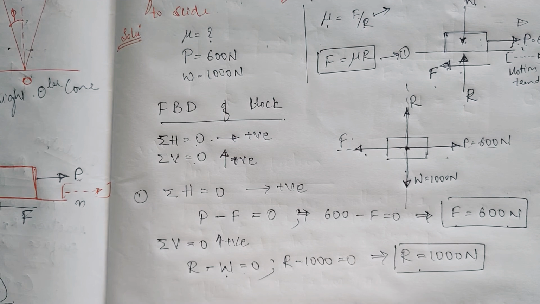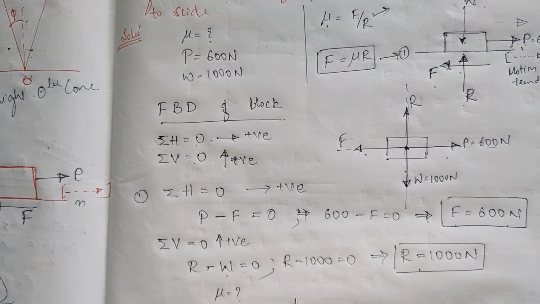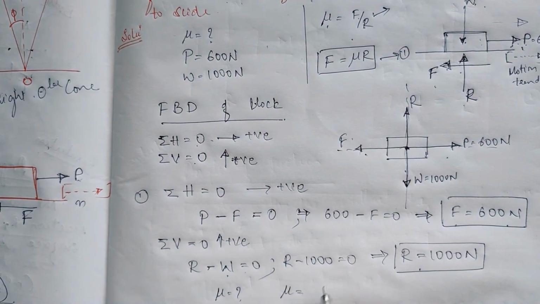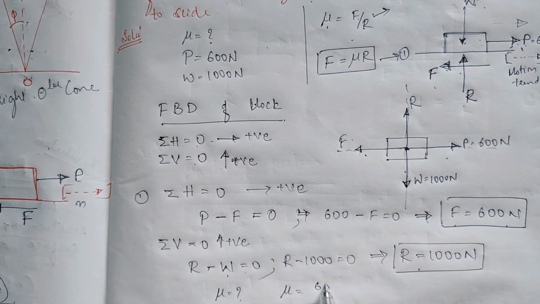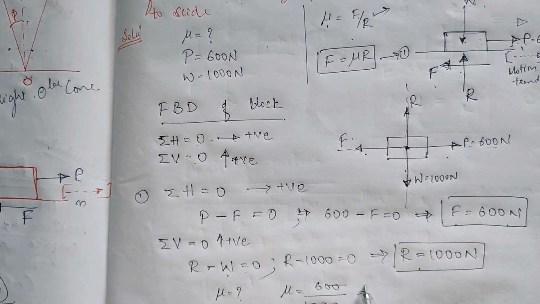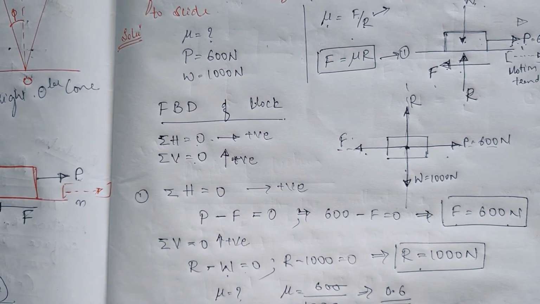What we want here? We want mu, okay. So what is the formula? F by R. Just substitute, mu is equal to 600 by 1000. So mu is equal to 0.6. So it is unitless, okay.